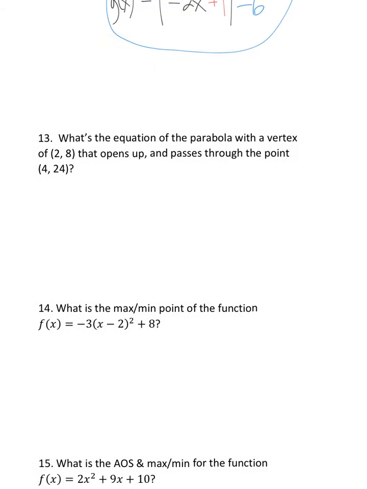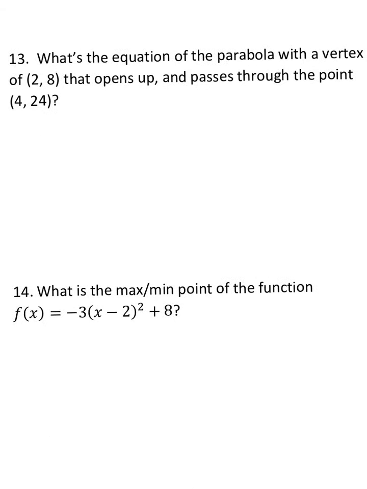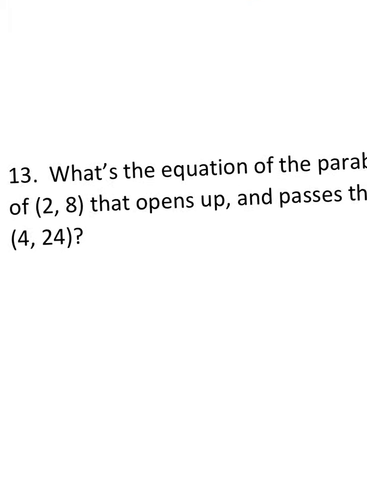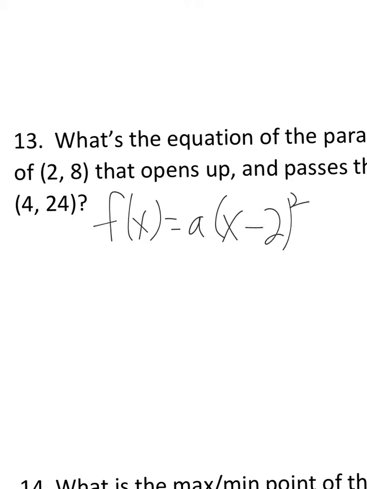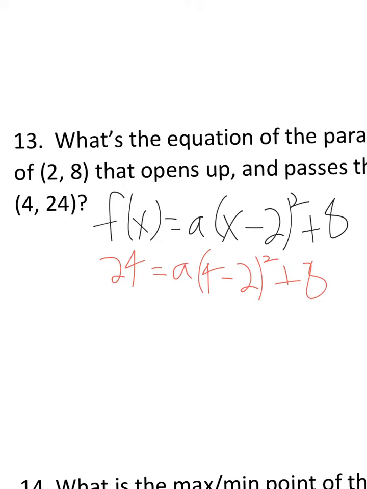What's the equation of the parabola with a vertex of 2, 8 that opens up, passes through the point 4, 24? So I give you a vertex, use the vertex form. So f of x equals a times x minus h, x is x minus 2 squared, plus k, which is 8. Your x and y are 4 and 24, so 24 equals a times 4 minus 2 squared, plus 8.